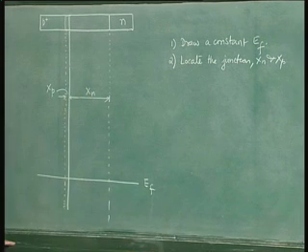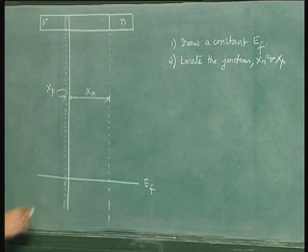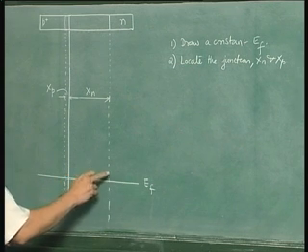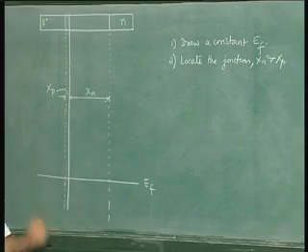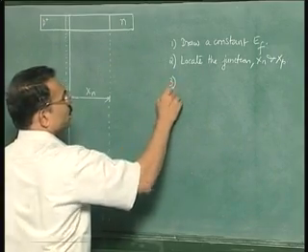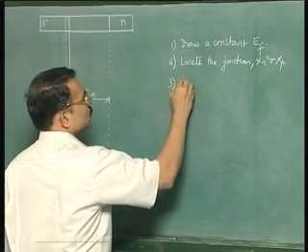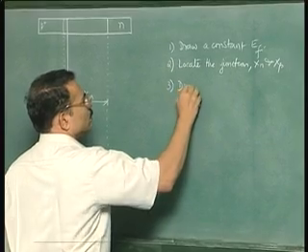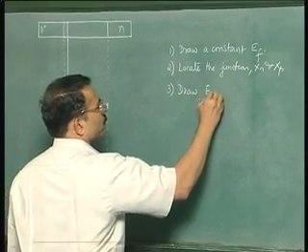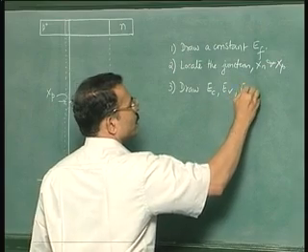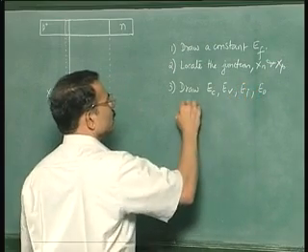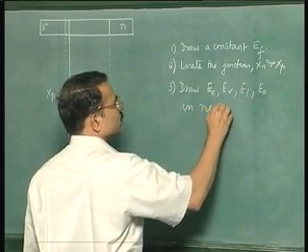Now after doing that, you draw the diagram in the neutral regions, p plus and n regions. So third step is draw EC, EV, EI and E naught in neutral region.